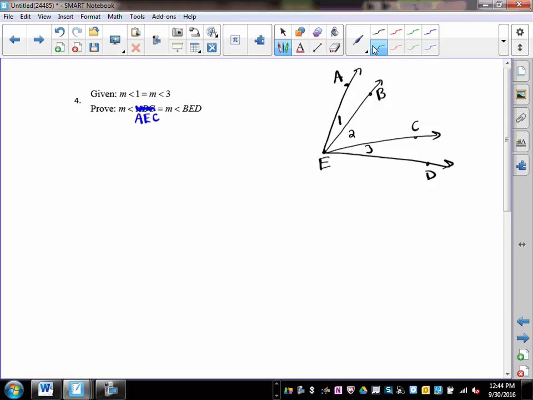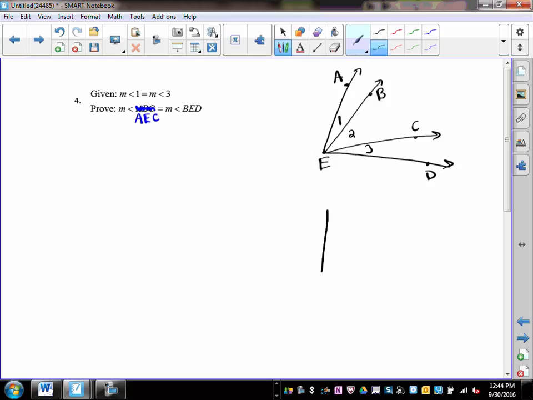So I want to make a note here while you're drawing your picture for this. If it looks like it's a right angle, but it does not tell you it's a right angle, and there's no notation indicating right angle, can we assume it's a right angle? No. If it looks like the angles are the same, but it doesn't tell you the angles are the same, and there's no notation indicating the angles are the same, can we believe the angles are the same?